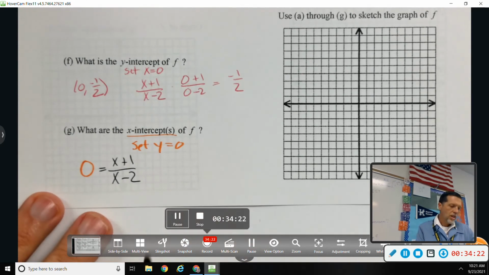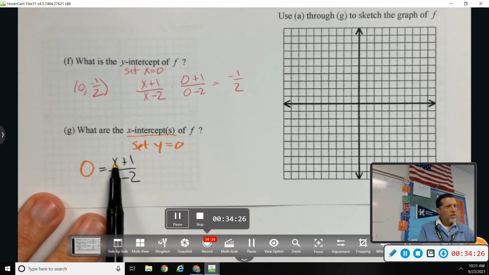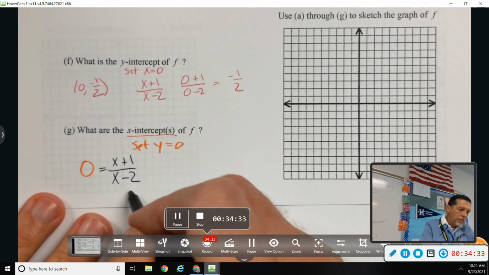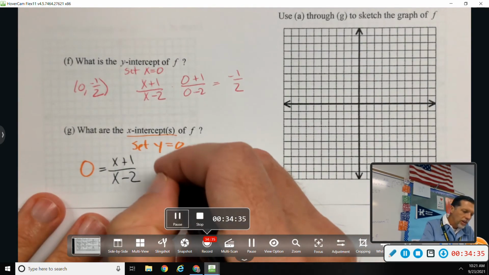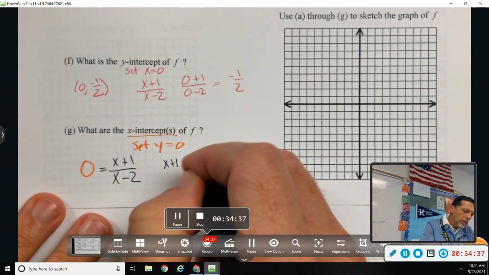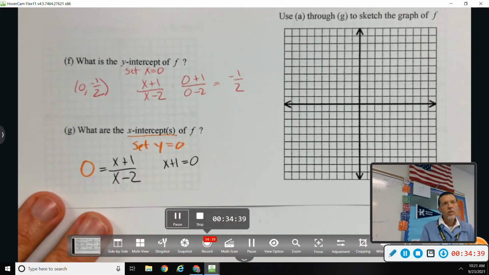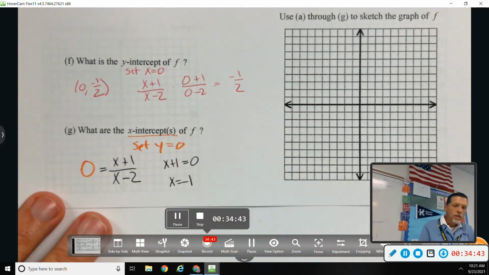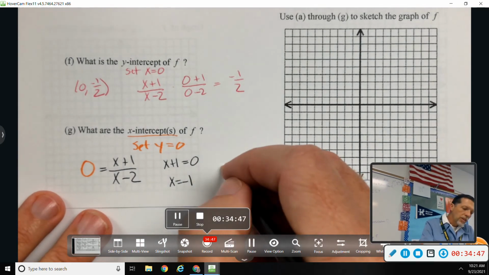What makes a fraction equal to 0? The top being 0 or the bottom being 0? The top. So I don't really care about the x minus 2. Took care of that earlier. I only care about the top being 0, because that's the only thing that will make the fraction 0. So x equals negative 1, but I want this as a point, so negative 1, 0.